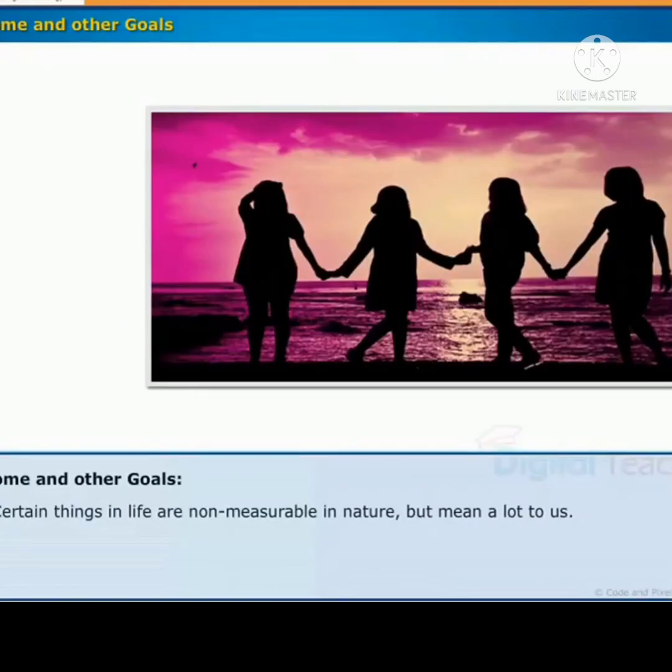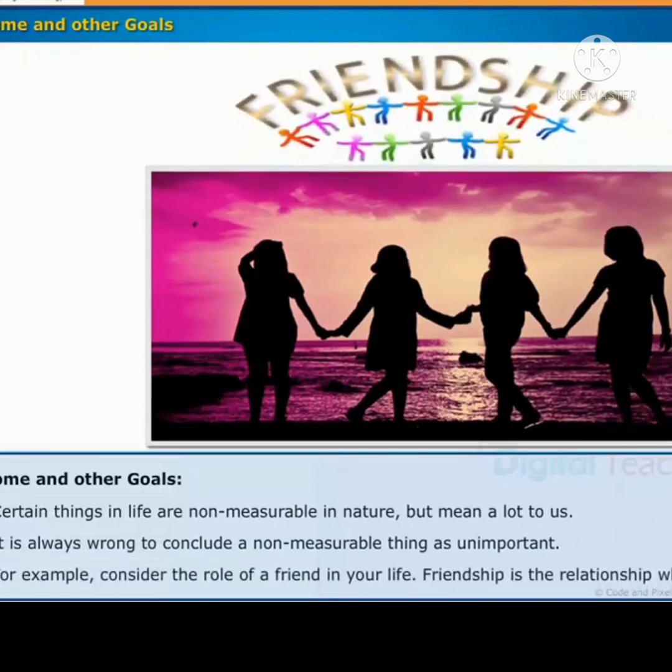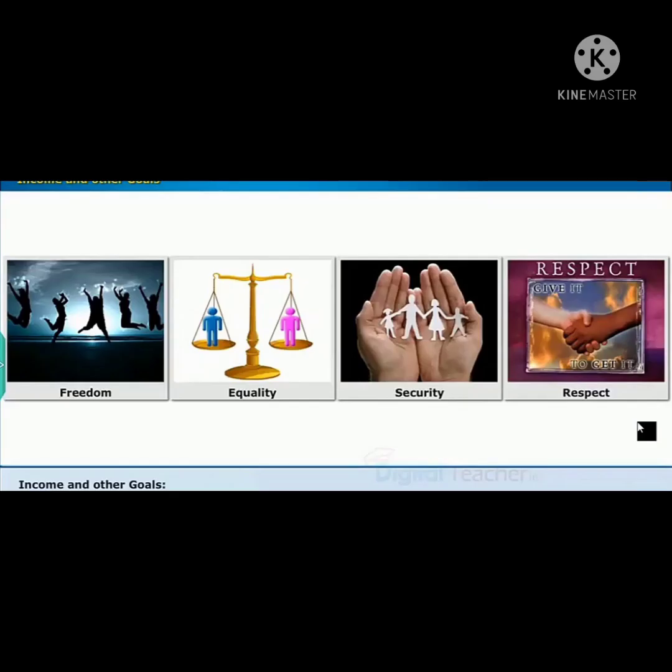So, money or the material things that one can buy with it is just one factor on which our life depends. But children, the quality of our life also depends on non-material things. Non-material things here means freedom, security, respect, and so on.